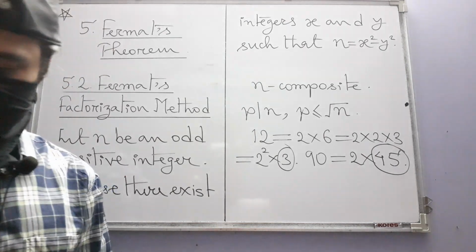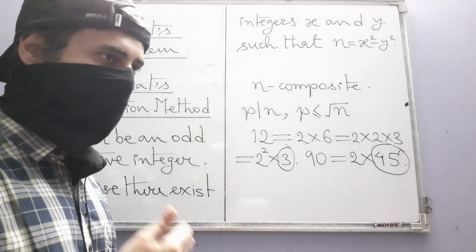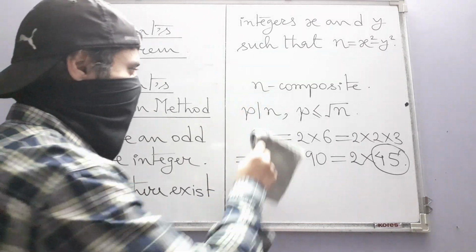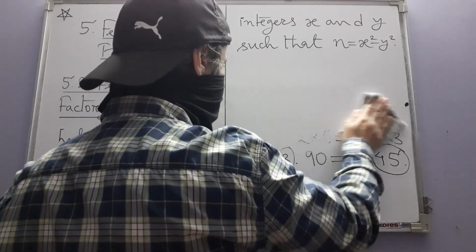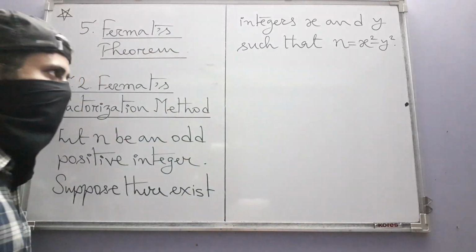Then of course, using your elementary algebra, n can be written as x plus y times x minus y. Now that may help you in finding non-trivial factors of n.